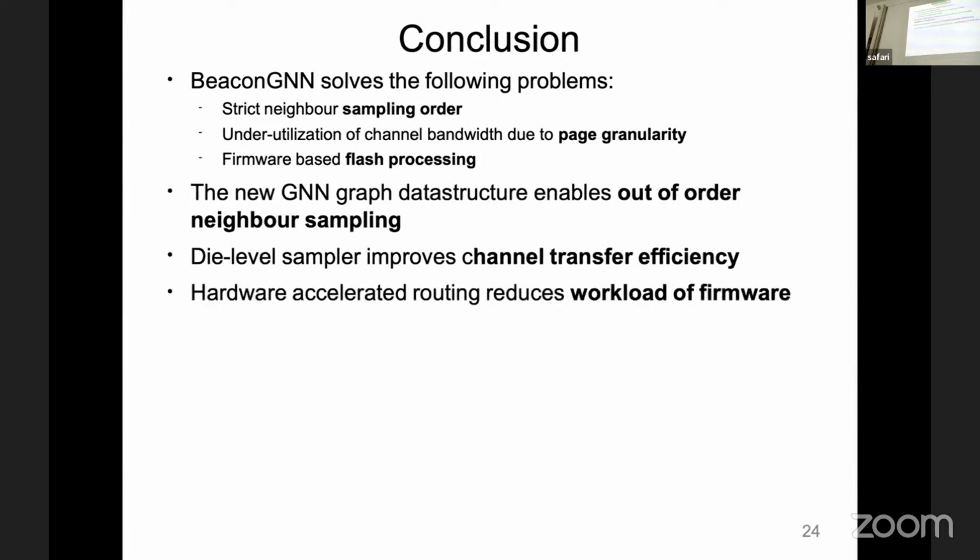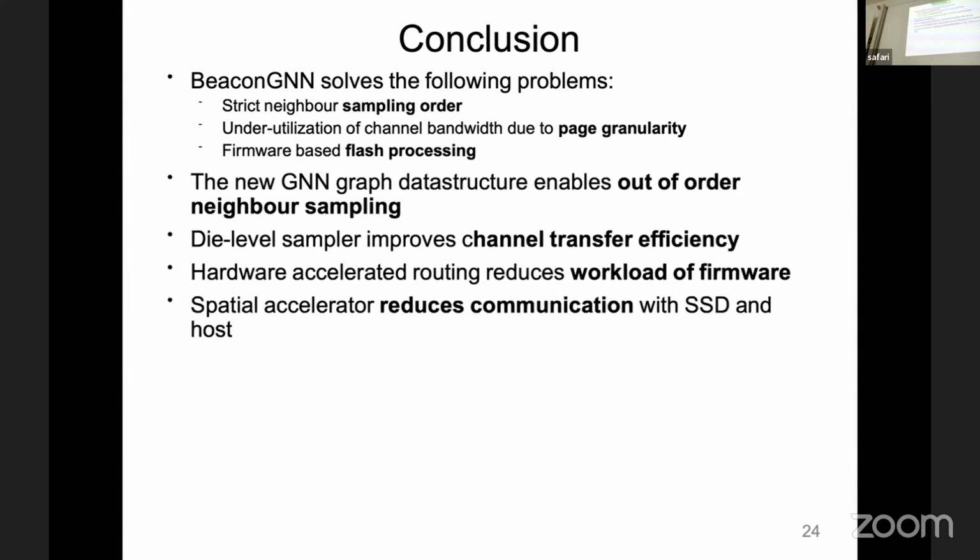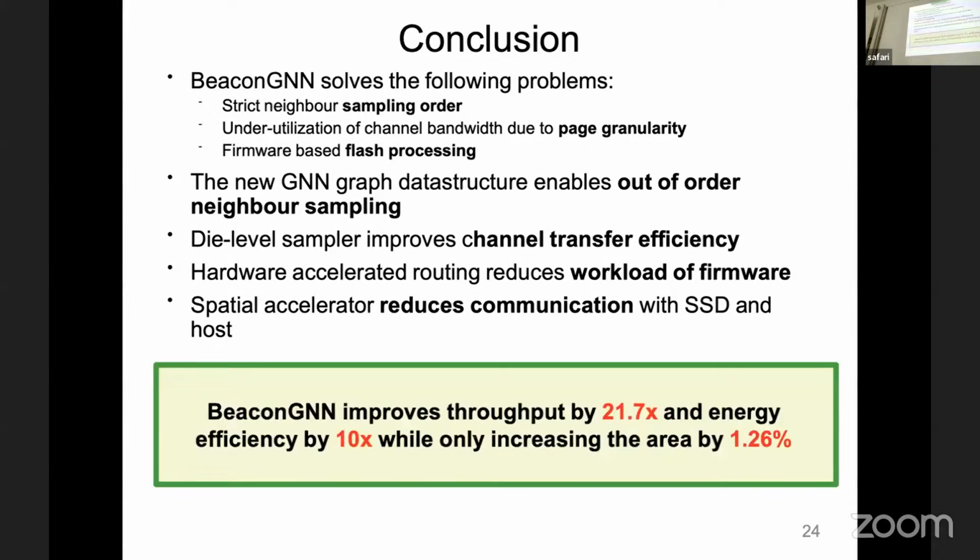The hardware accelerated routing reduces the workload of the firmware, and also the FPGA inside enables the computing and thus reduces the communication with the SSD and host over PCIe. They essentially conclude that BeaconGNN improves the GNN training task by 21.7 and the energy efficiency by 10x, only by increasing the area by 1.26%.